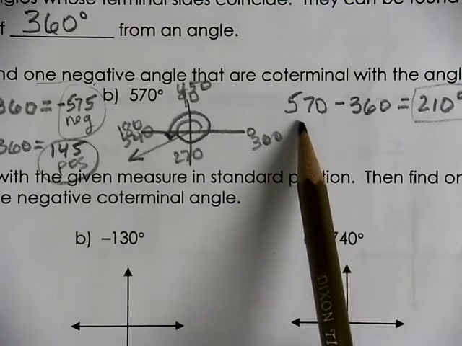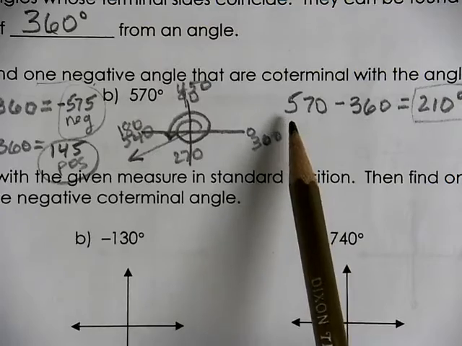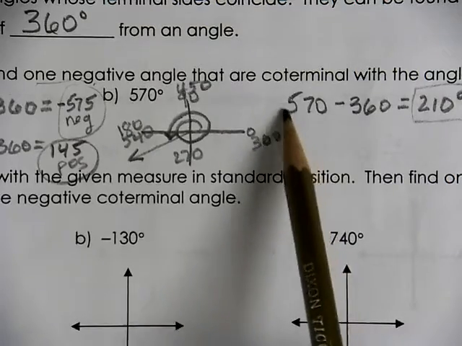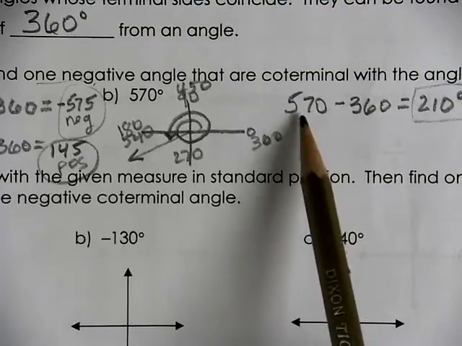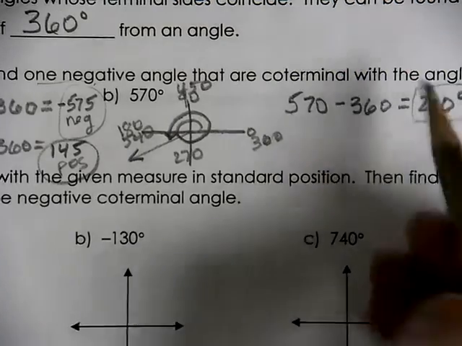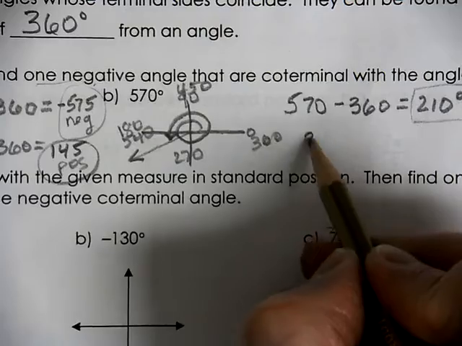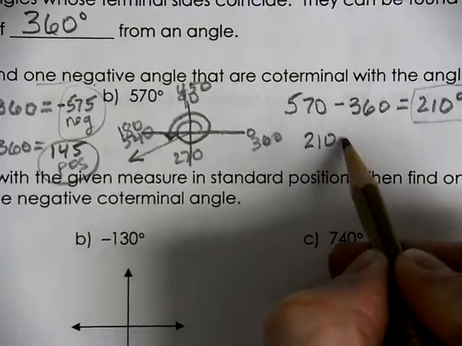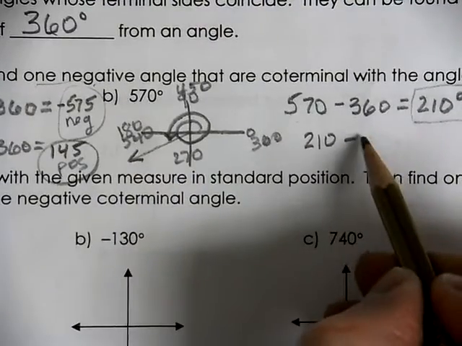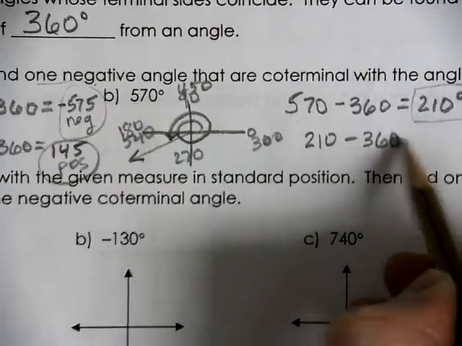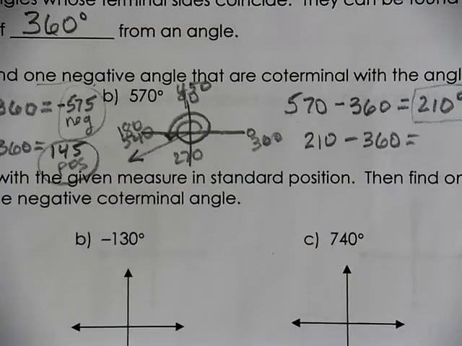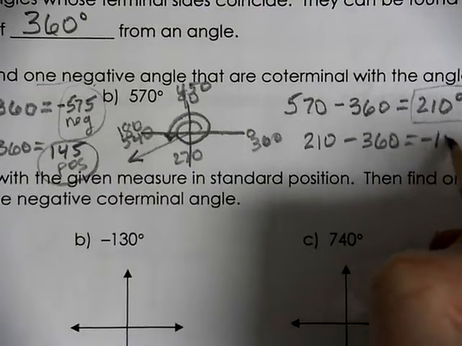Now, could I have added 360 to 570? The answer is yes. I could have added 360 to that. Now I'm going to take my 210, which is pointing in that direction, and I'm going to subtract 360 from it again, and that gives me a negative 150.